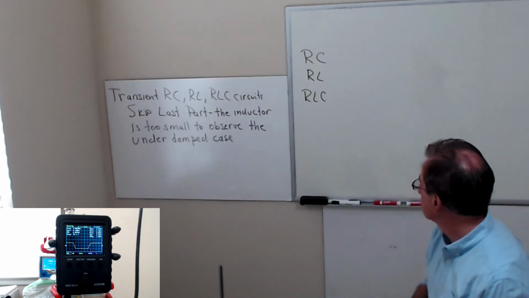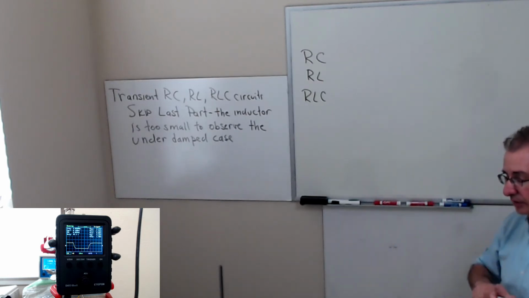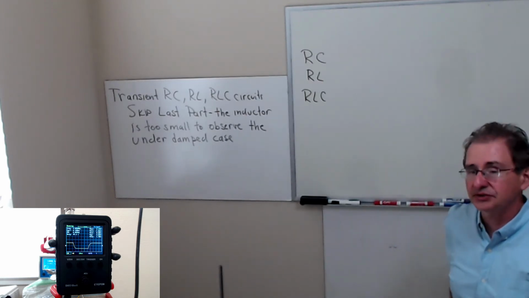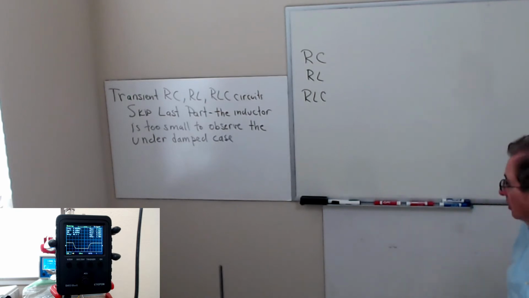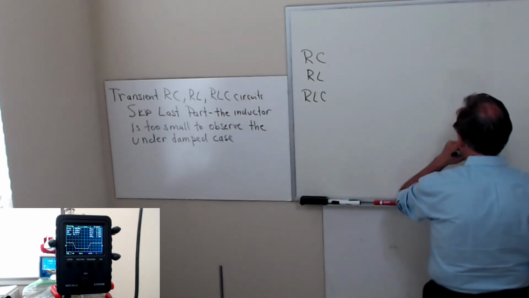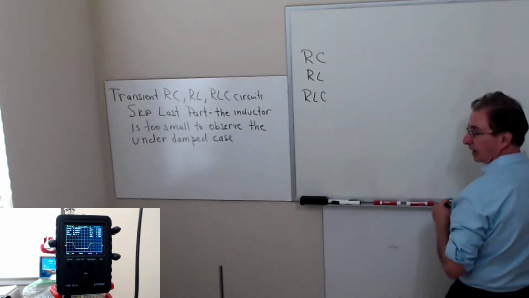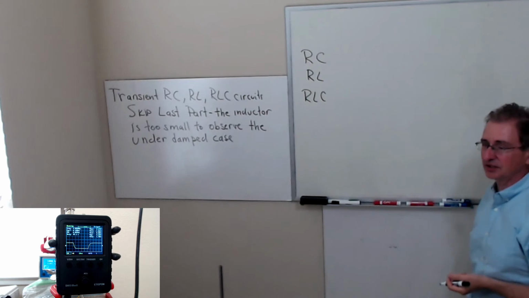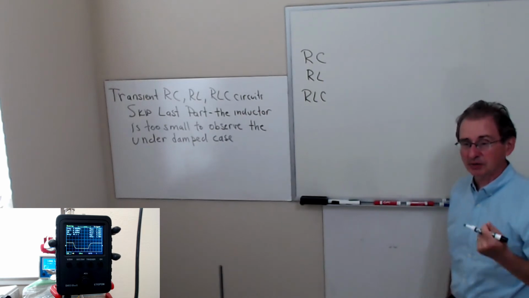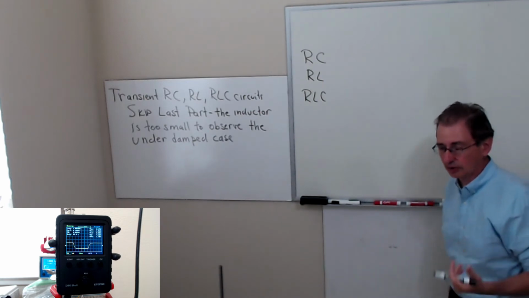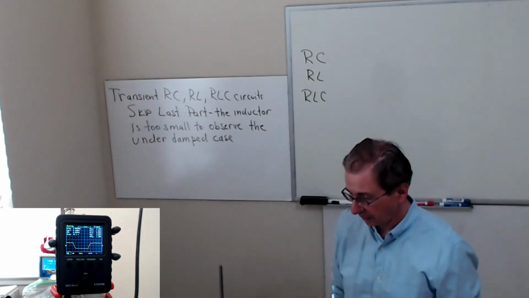Okay, so let's go back and let's talk about the RC circuit. In the RC circuit, you basically have a power supply, and in this lab we're not going to use a DC power supply. We're going to use a power supply that varies with time, because otherwise looking at the signal on the scope would be very boring.